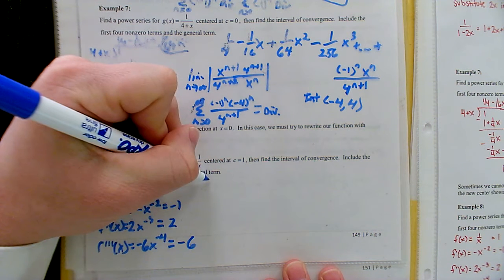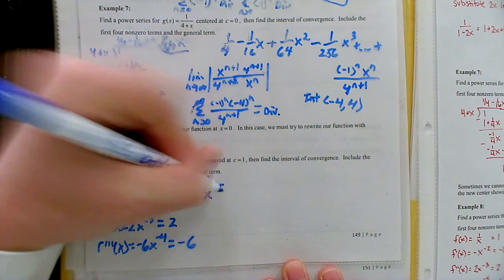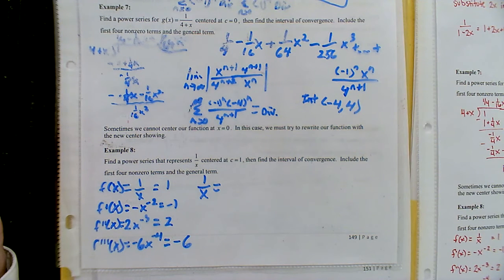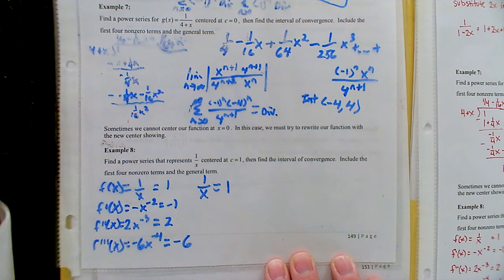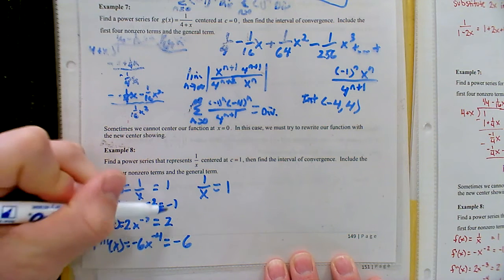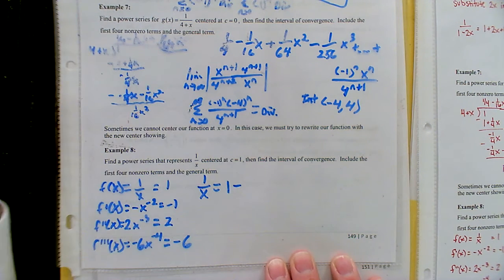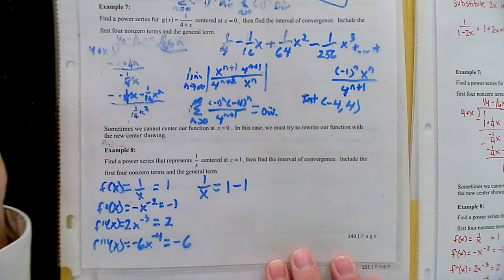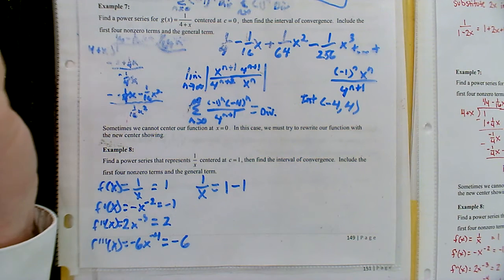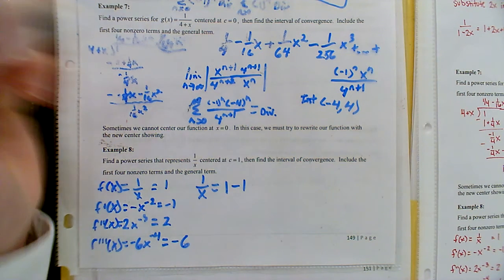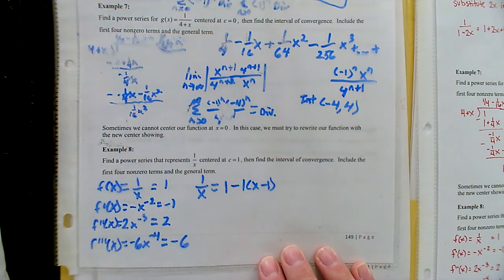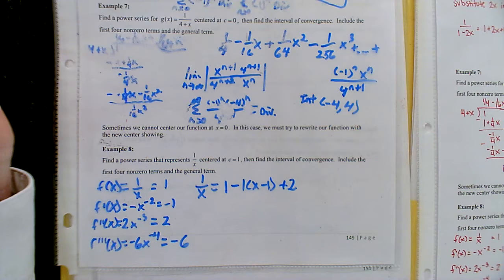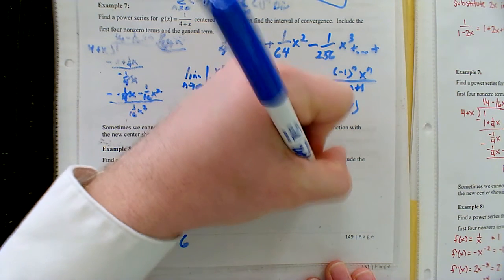So just like we did in the last section, we list out our series. First term is 1. That's f of x. It would be plus, but our coefficient's negative, so we're going to have minus. The coefficient's 1, but the coefficient of what? What is that multiplied by? X minus 1. Yep. Then I have plus 2, and 2 is the coefficient of what? X minus 1 squared, over 2.